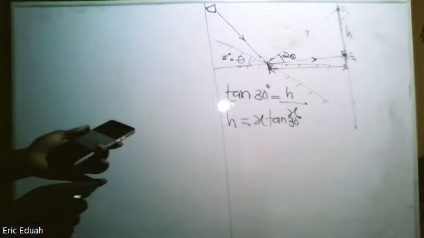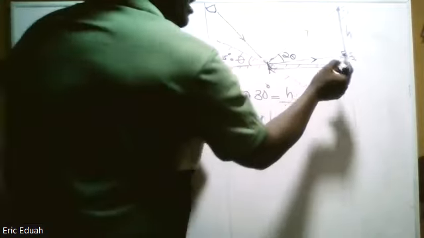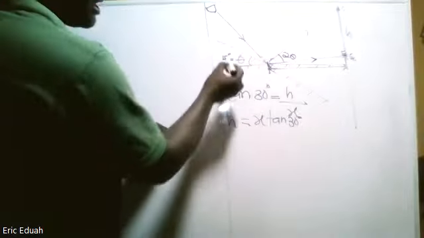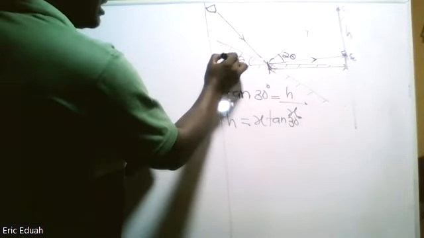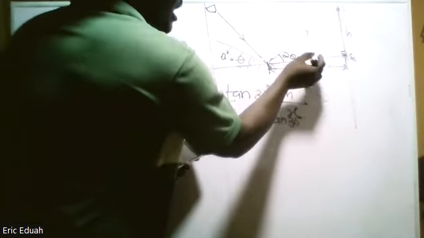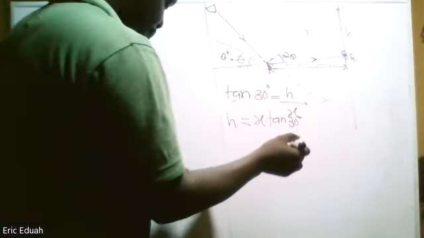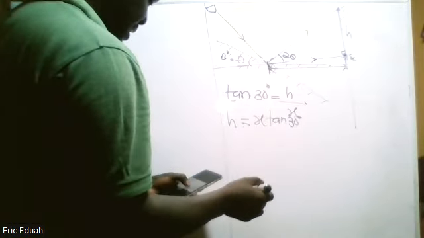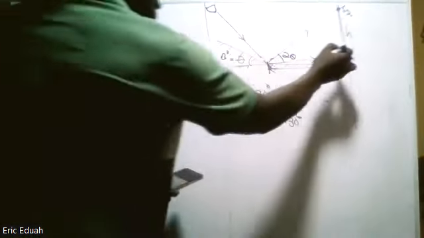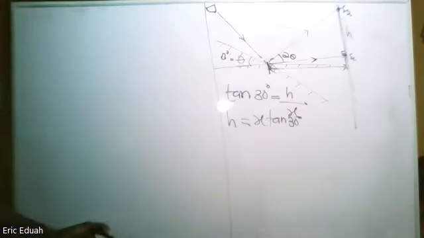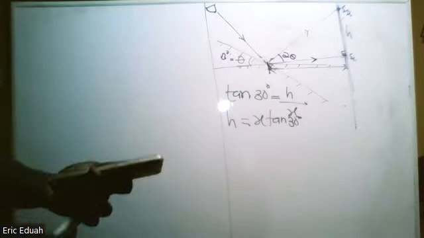Okay, so when it was original, it creates a spot S1. When it is rotated through an angle 13 degrees, the spot moved up to a new position. Let's assume this is S2. So this is the spot created when the mirror is not rotated. This is the spot created when the mirror is now rotated.